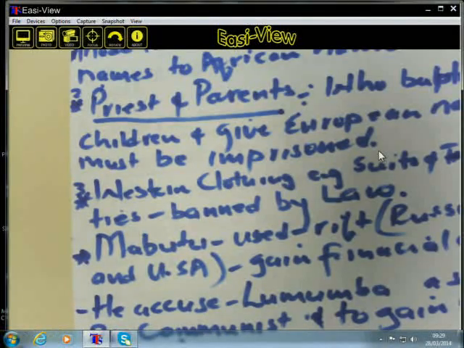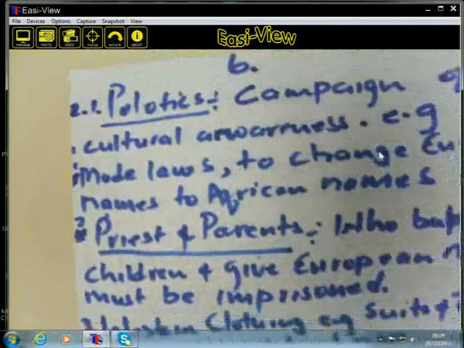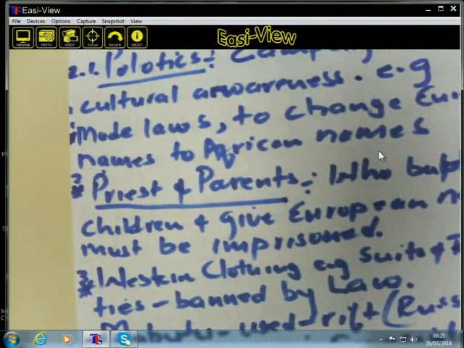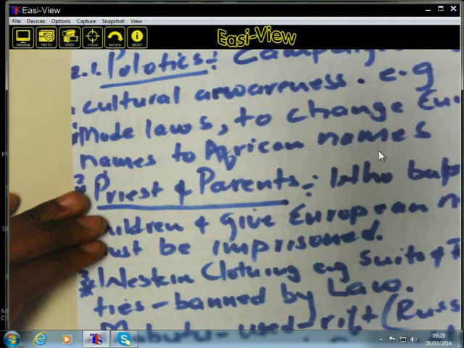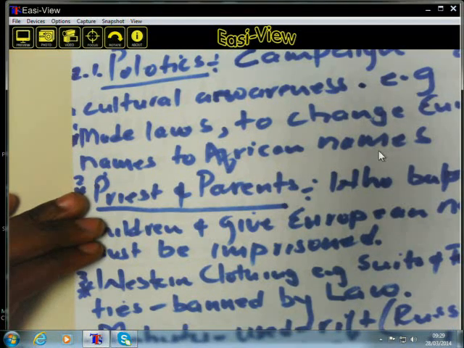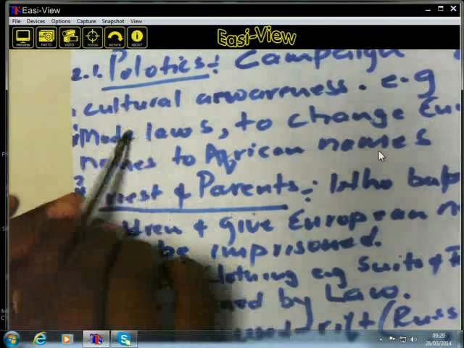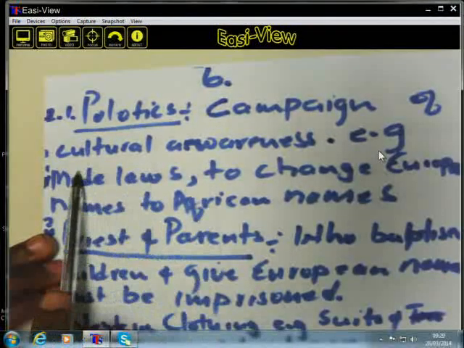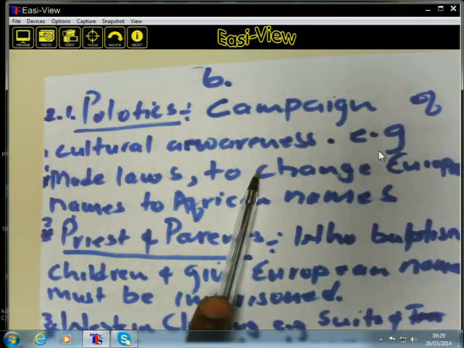The political situation in Congo under Mobutu Sese Seko: he came up with a campaign which was termed cultural awareness.